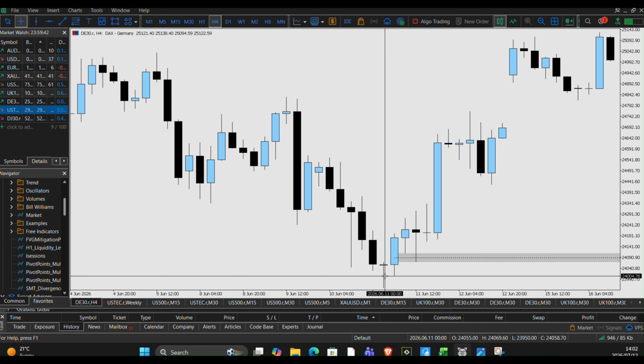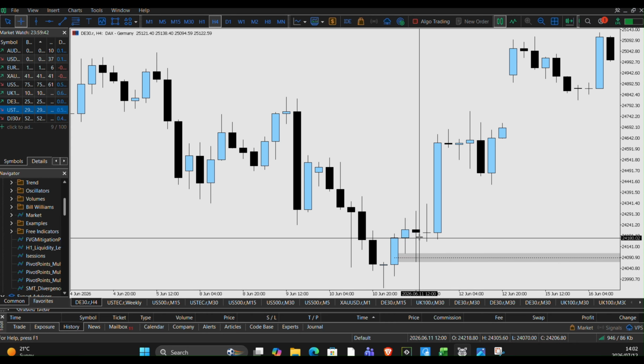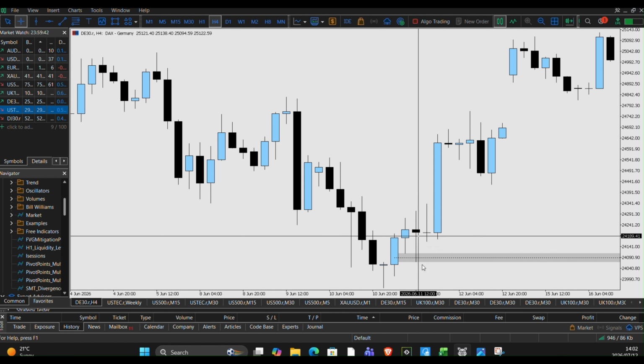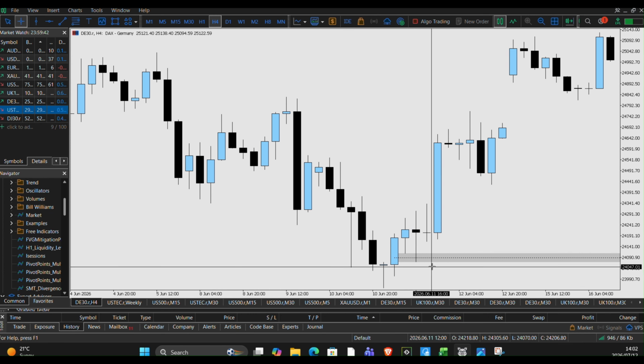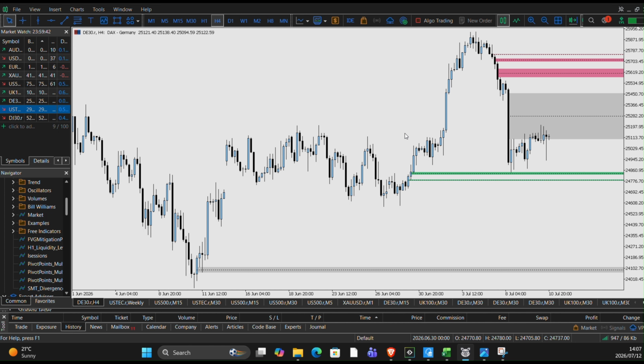As we can see, the high of that candle is 24069.60, and the low of this one is 24070. So therefore it did not fully mitigate it, and it is a partially mitigated fair value gap that got turned gray.